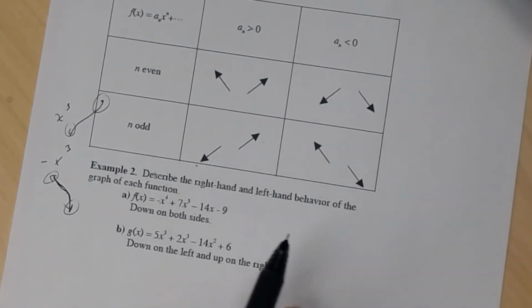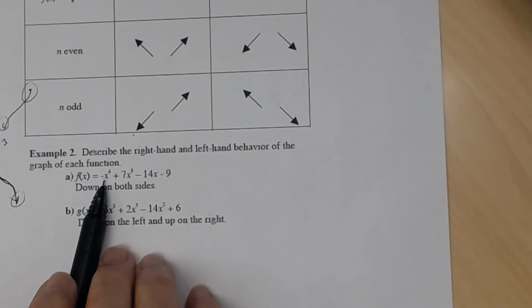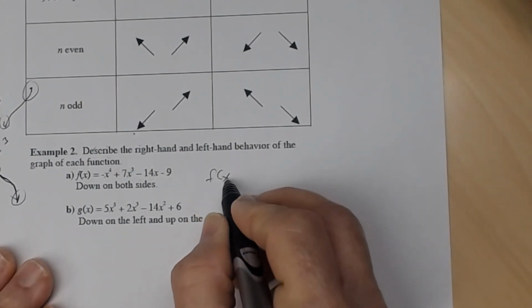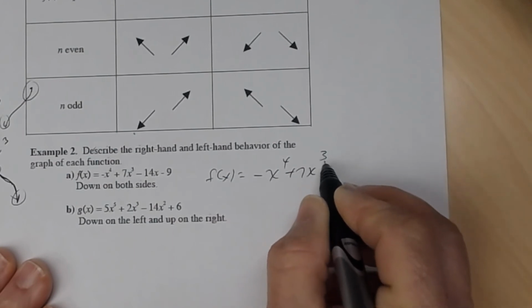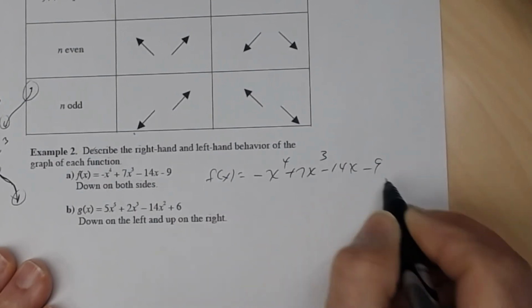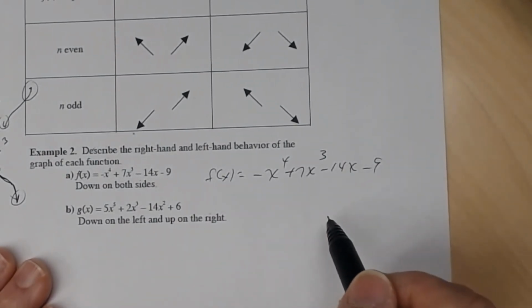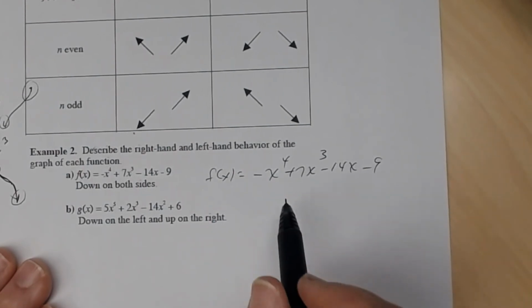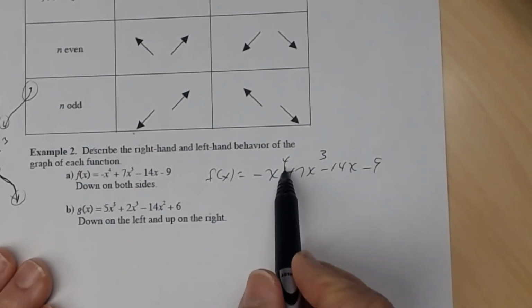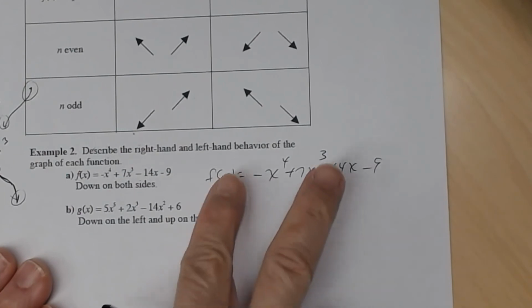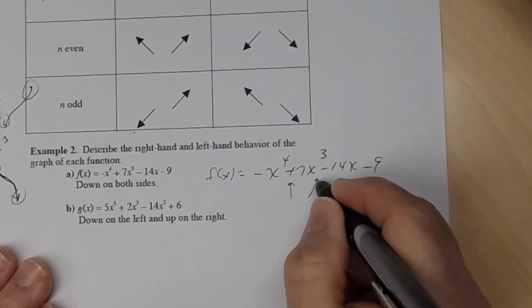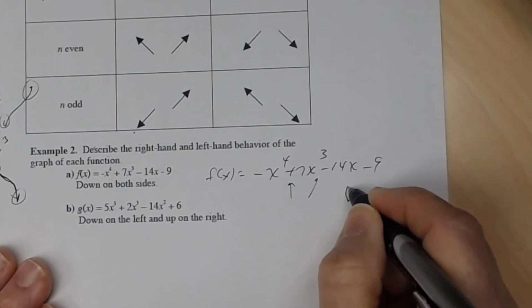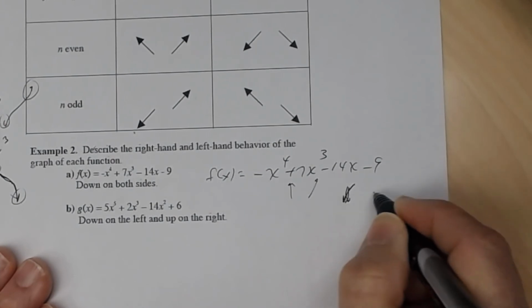Okay, if you look at this example, f of x equals negative x to the fourth plus 7x cubed minus 14x minus 9. I just want you to tell me something about the end behavior. Well, first of all, it's even. So you know that your end behavior will be pointing in the same direction. It will do this, or it will do this.